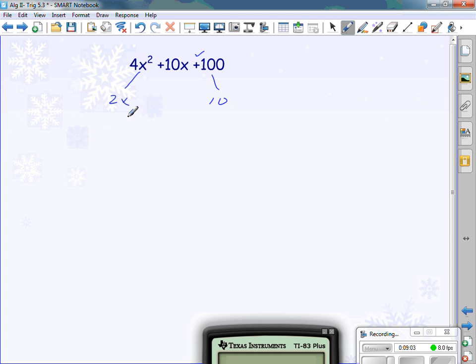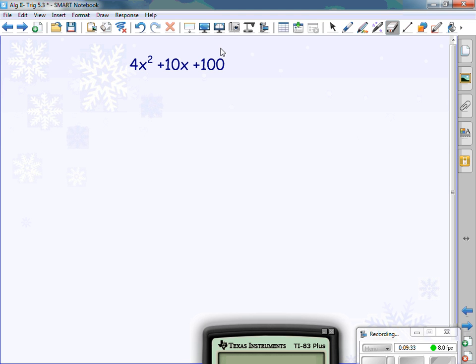See, that's what I'm trying to do here. Can I take the square root of the first one? Yes. Take the square root of the last one? Yes. Is it positive? Yes. Is that middle term 2 times 2x times 10? Is it 40? No. So this one is not special. What should I have thought of first? What's the first thing I told you to do when you solve any factoring problem?